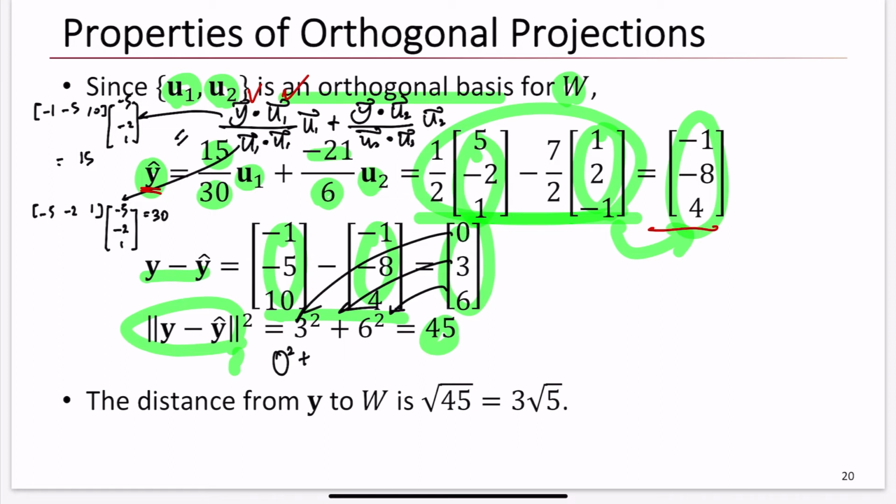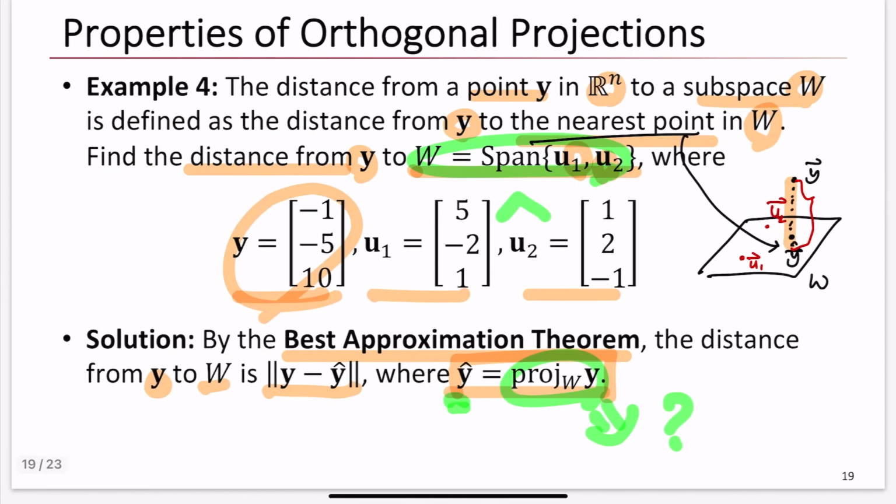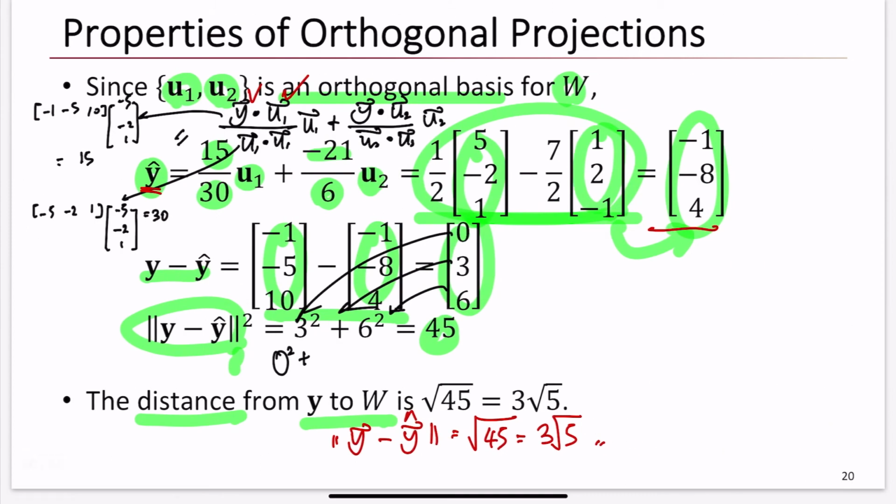Then the distance from y to y hat, y to w, is the square root of 45, which is 3 square root of 5. So in other words, the distance from y to the nearest point in w is 3 square root of 5. This is one way to use the orthogonal basis and the best approximation theorem to understand the distance between a vector and a subspace w. Okay.